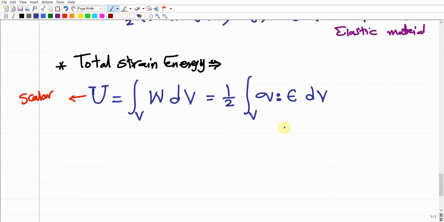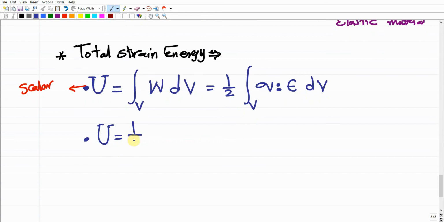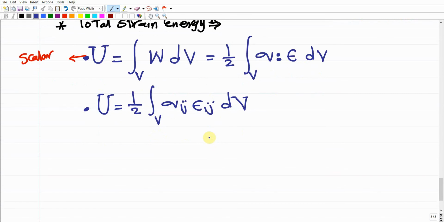So this is in the vector notation. Also, U in the index notation, we can write in this form as 1 over 2 the integration over the volume of sigma ij epsilon ij dV. This is the total strain energy for elastic bodies. Make sense?